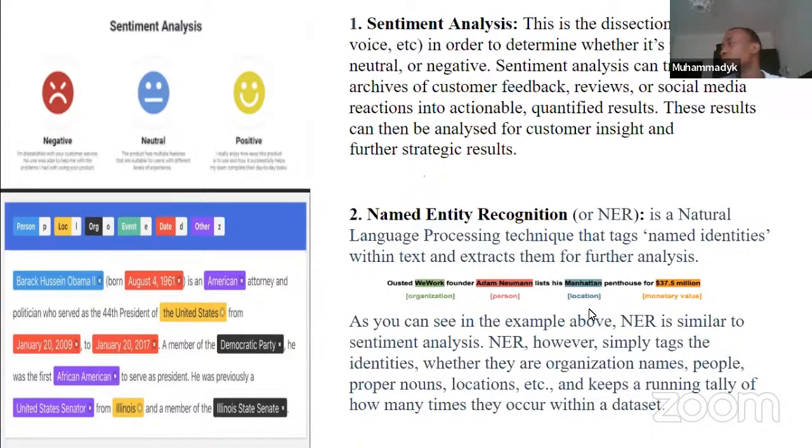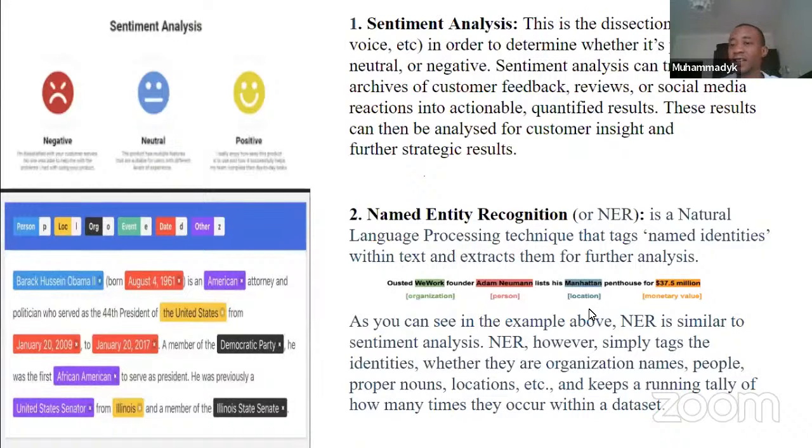So what is sentiment analysis? This is the dissection of data, be it a text or a voice. So just to clear things, we've been measuring data since, data can be anything. Data can be in the form of text, data can be in the form of voice, data can be in every form of input that we can think of.